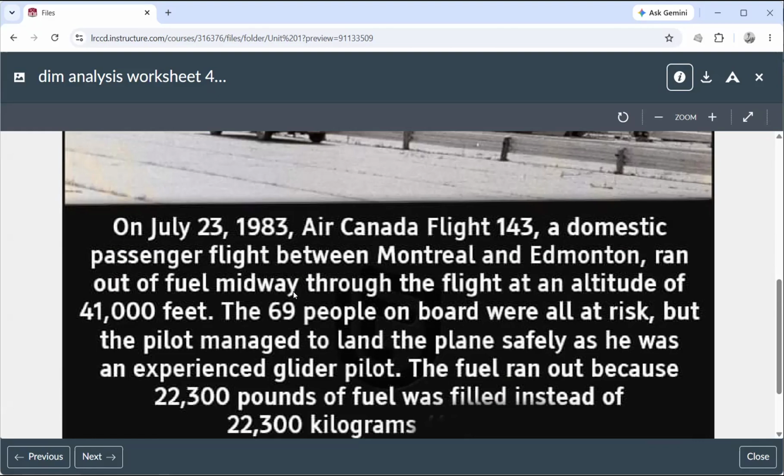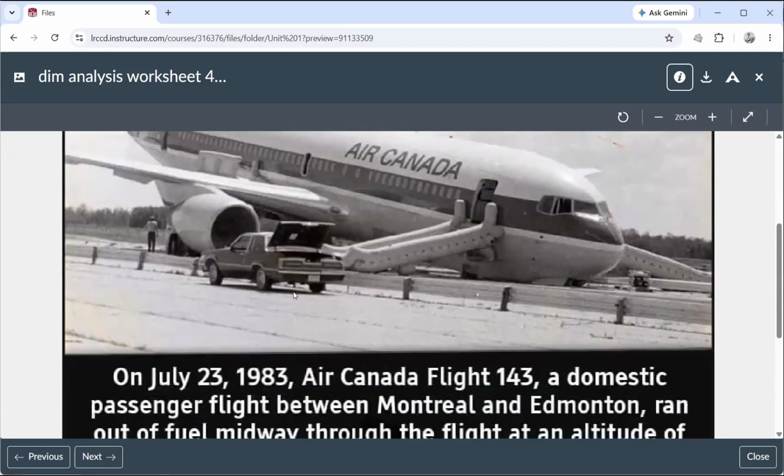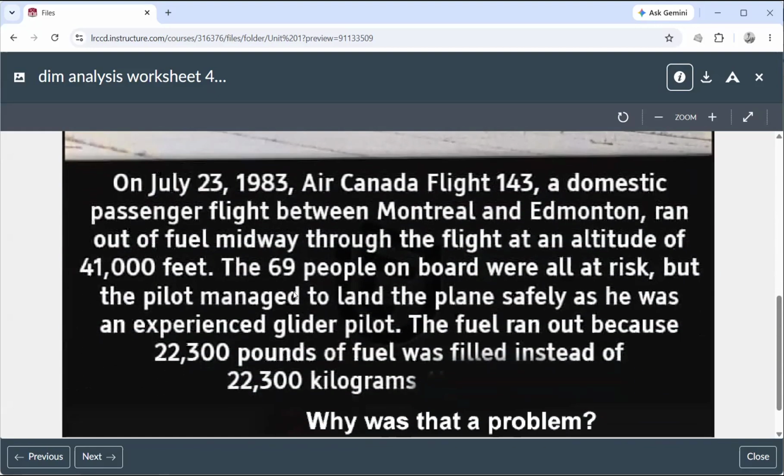My truck was from Canada, and everything was liters and kilograms, everything like that. So this is a Boeing plane made in the United States. We don't use, unfortunately, the metric system. So it was supposed to be filled with pounds of fuel, not kilograms.